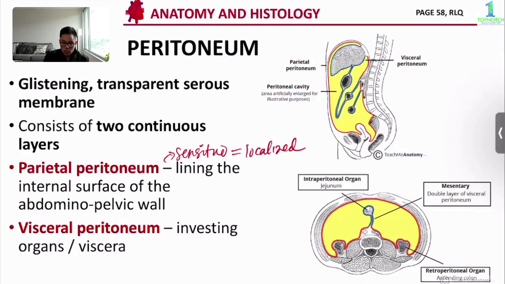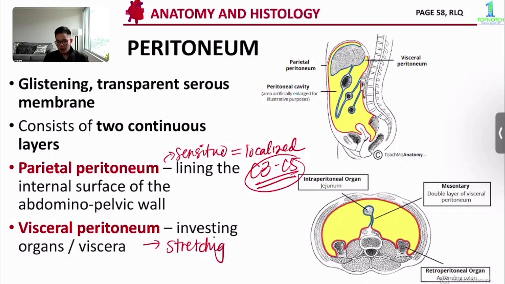And that localization is oftentimes referred to the C3 to C5 area, either in the shoulder area, let's say for gallbladder problems, as opposed to a visceral peritoneum. The visceral peritoneum is insensitive to touch, to heat, to cold, but it's stimulated primarily by stretching.